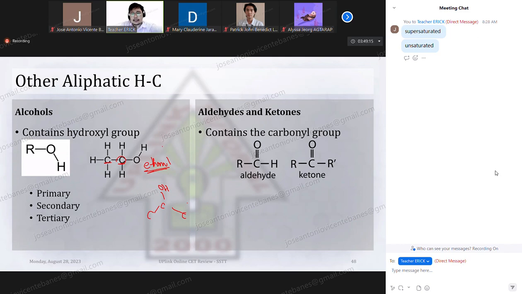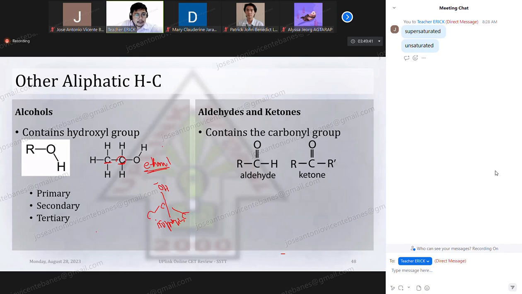But in this case, it's located in the middle of a three-carbon chain, and therefore this is considered a secondary alcohol. In some forms, this is called 2-propanol, or this is also known as isopropyl alcohol. Iso means it's in the middle. So it's in the middle, and this is isopropyl.